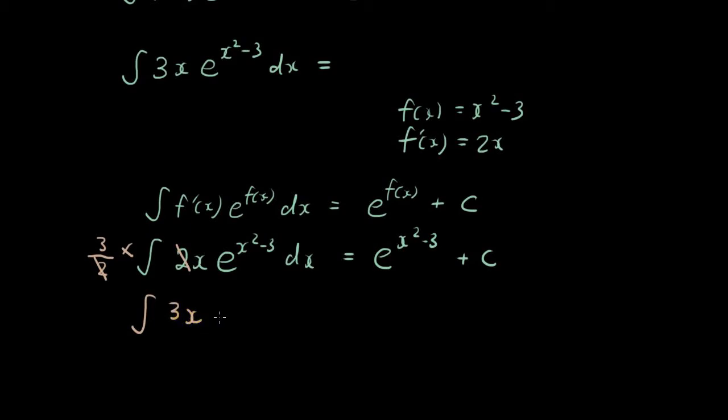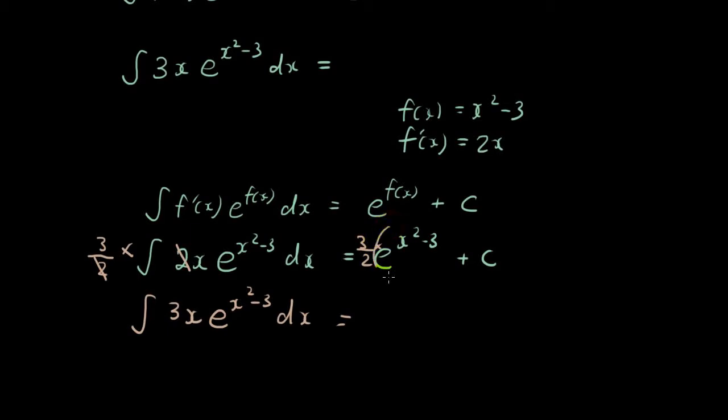So the answer is the integral of 3x e to the power of, now we can just copy out the rest of the equation on the left. Now on the right-hand side, because you have multiplied the left-hand side by something, you have to do the exact same thing on the right-hand side.